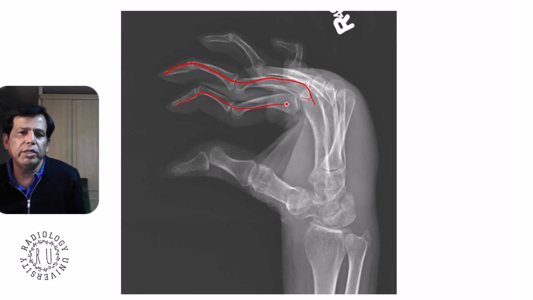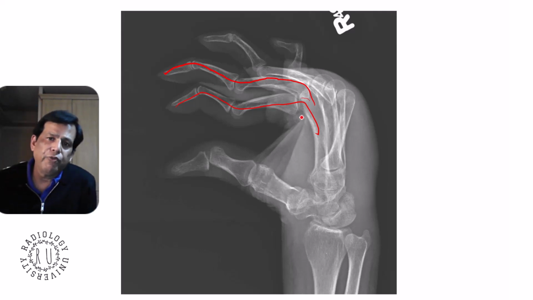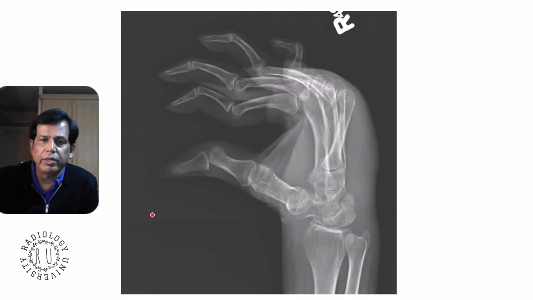The deformity is due to subluxing tendons. The tendons which are supposed to keep them straight have subluxed, both flexors and extensors, and this is what causes the deformity. The way the deformity looks is called swan neck deformity.